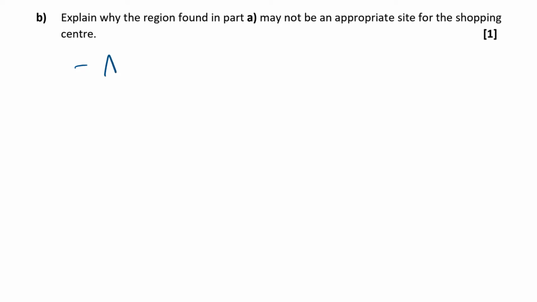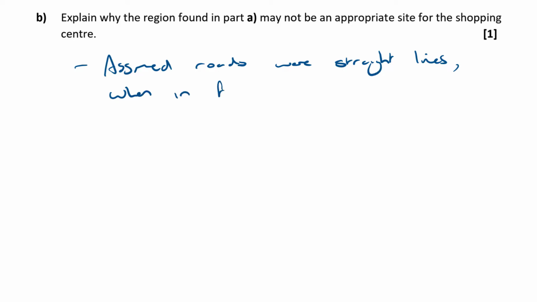So, assumed roads were straight lines when in fact they might not be. Okay, and there's lots of other assumptions we've made here that we could test or find that weren't actually the case, but it's just one mark. One reason is enough. Let's move on.